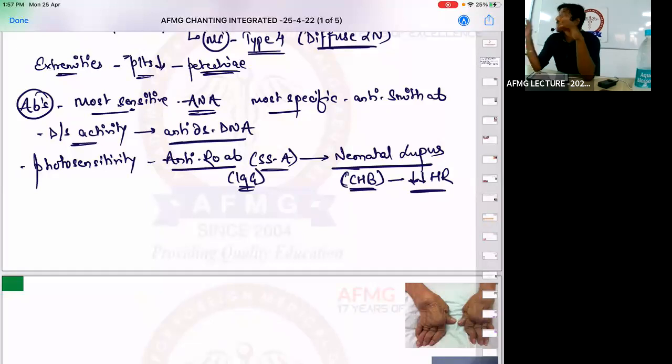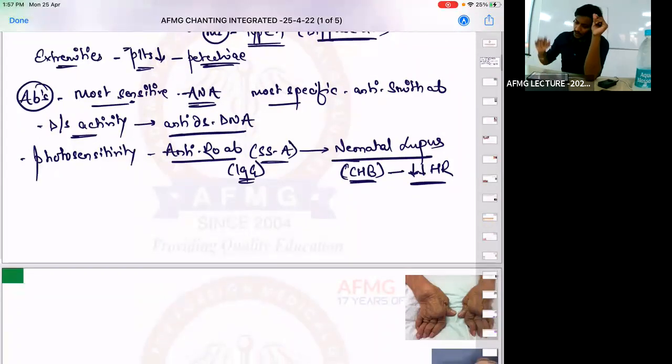Okay, no issues with this. This malar rash in the child would not only be over here, it can come here also. Periorbital rash can also be present. So look for the other features also. Please remember this. Anti-Ro antibody is responsible for two important conditions: first is photosensitivity, and second is neonatal lupus.